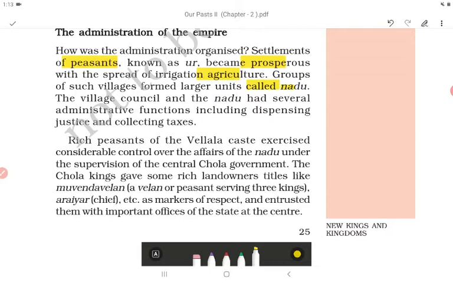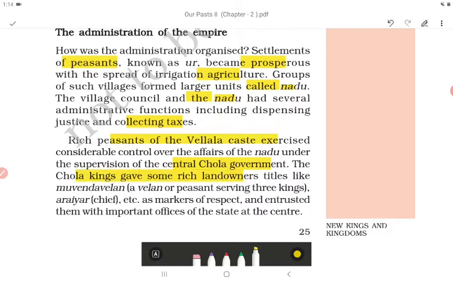The village council and the Nadu had several administrative functions, including dispensing justice and collecting taxes. Rich peasants of the Velala caste exercised considerable control over the affairs of the Nadu under the supervision of the central Chola government.